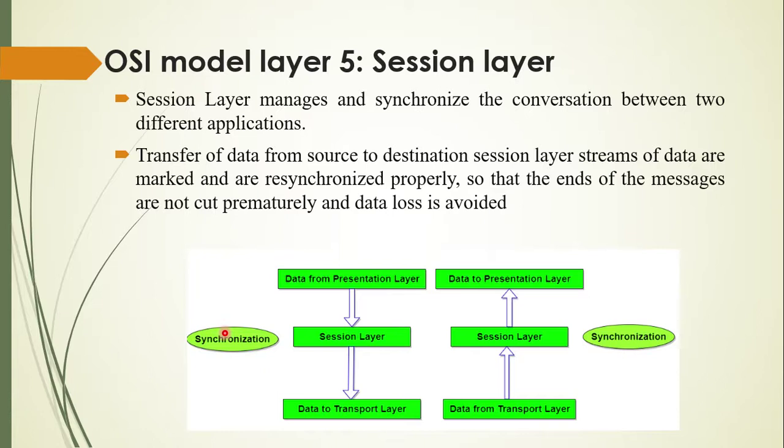This ensures that each 50-page unit is successfully received and acknowledged. After 50 pages are sent, we get the message that 50 units were sent successfully, and after the next 50 units we again get the message. So if an error occurs anywhere, we can easily find out at which unit the error was generated. This is known as synchronization, and synchronization is the main functionality of the session layer.